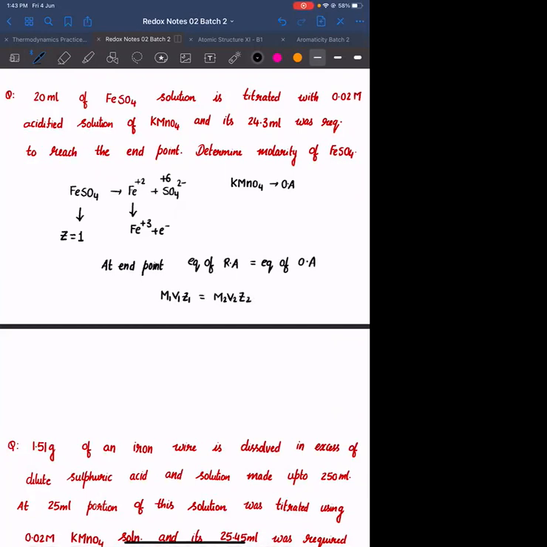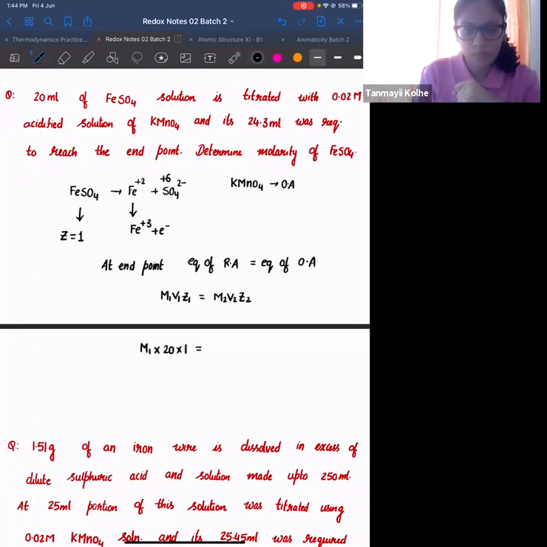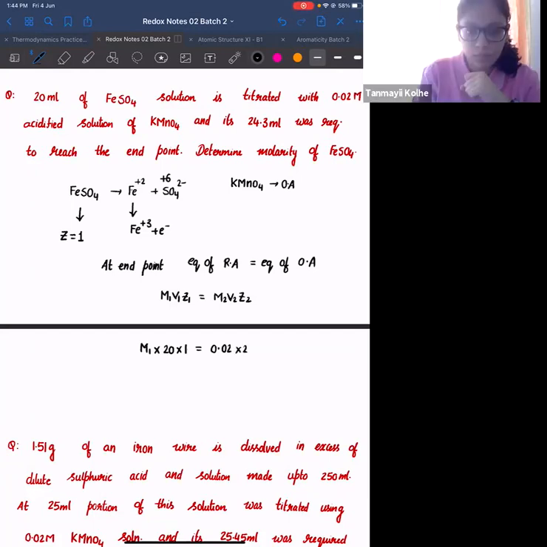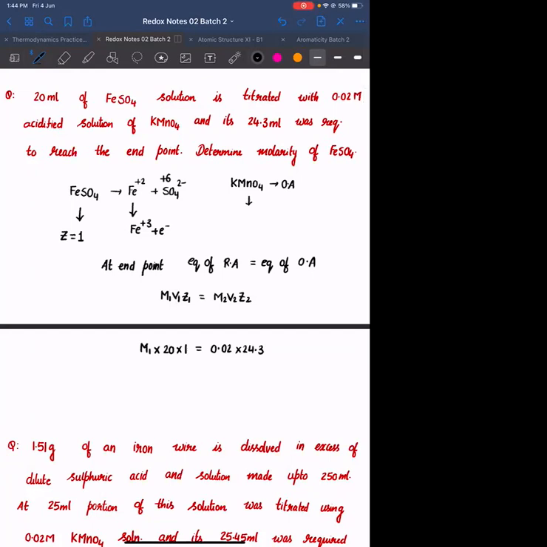What is the molarity of FeSO4? That is what we need to find. So M1 into what is the volume? 20.90, into 1, must be equal to M2, which is 0.02, into 24.3, and what is its Z factor in acidic medium? It is 5. Please remember that.